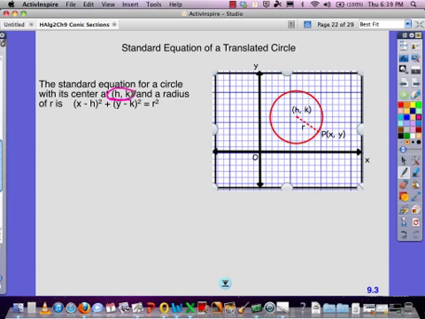H, k has been that new movement: h would be the movement on our x-axis, and k would be the movement on our y-axis. Right now it looks like I moved a positive amount in both. I went over h, positive, then up k, positive. And as you can count, 1, 2, 3, 4, 5, 6 was my movement h. 1, 2, 3, 4, 5, 6 was also my movement k.